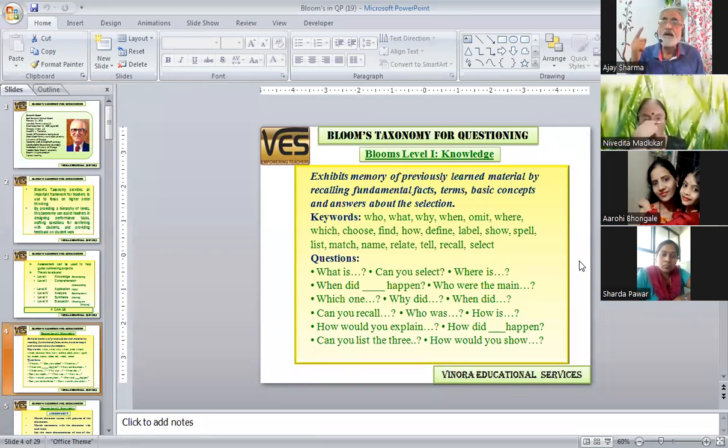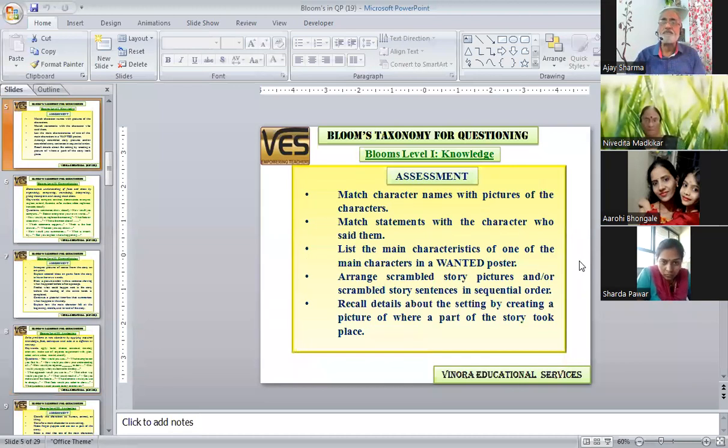Now, these are 1 mark questions and are all classified under the first level of Bloom's taxonomy, that is knowledge level. Now, how will we assess this? You see, the assessment is match the character with the picture. A, C, F, L, Q. Right.